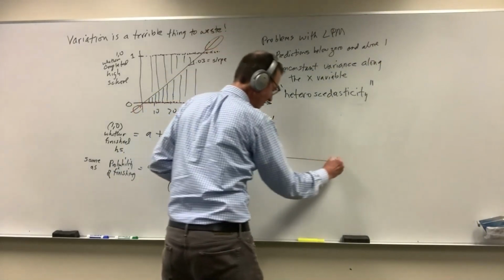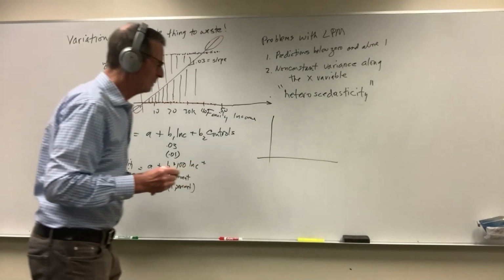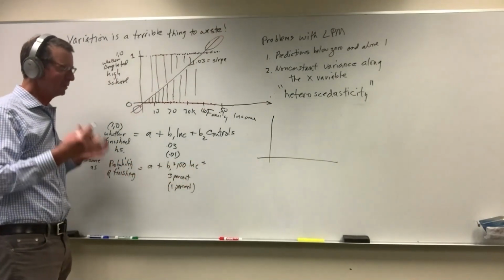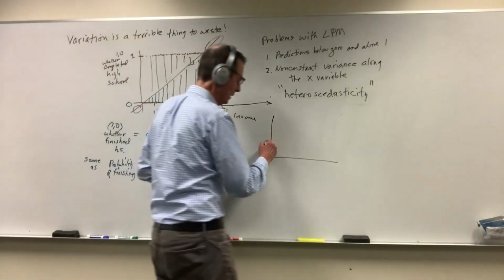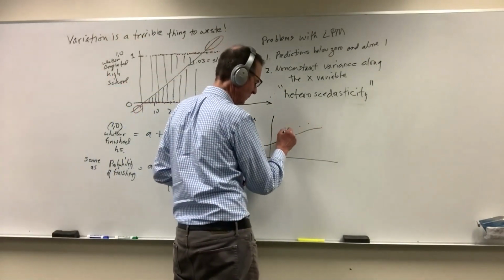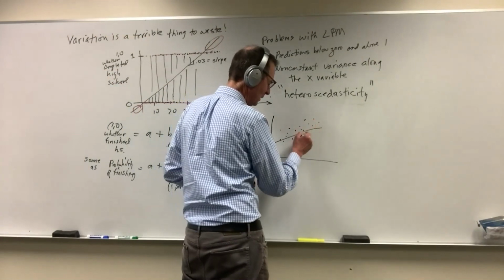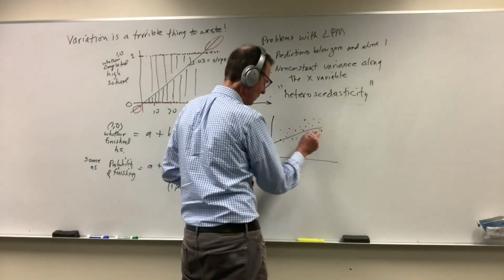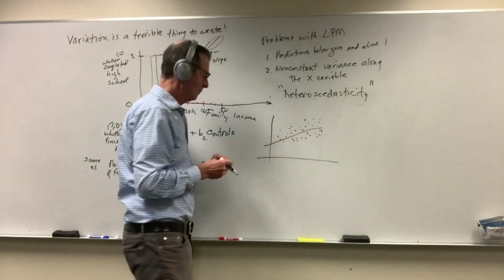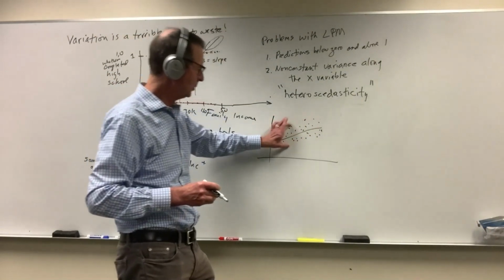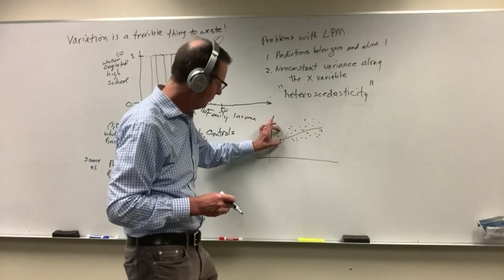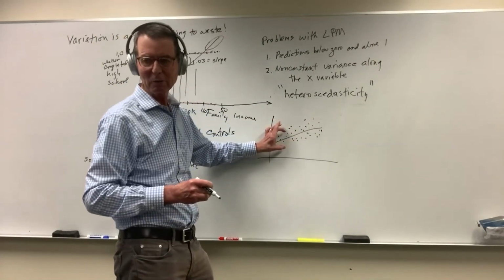So the classic regression model has various assumptions associated with it. One is that the variance around the regression line is similar all the way up and down the values of x.